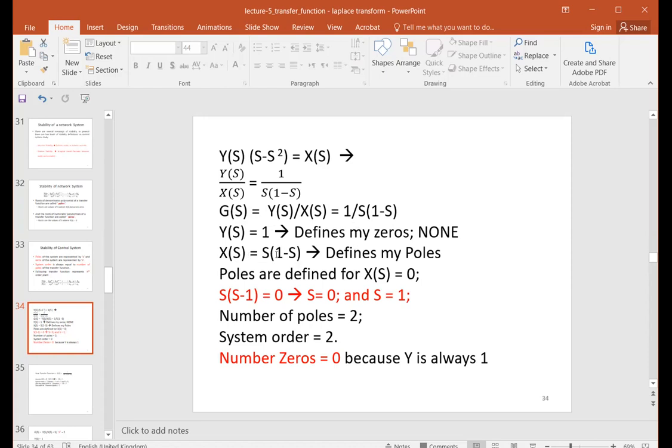And X of S is S times 1 minus S, so we define my poles, because here S equals 0 or S equals 1. So I say that my poles are 0 and 1, and the system order equals 2.